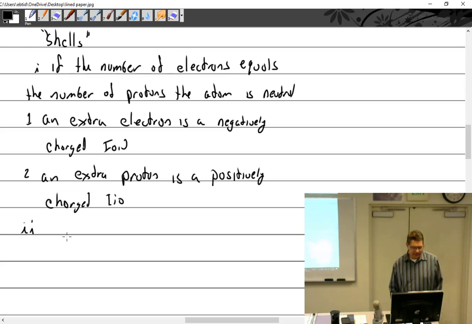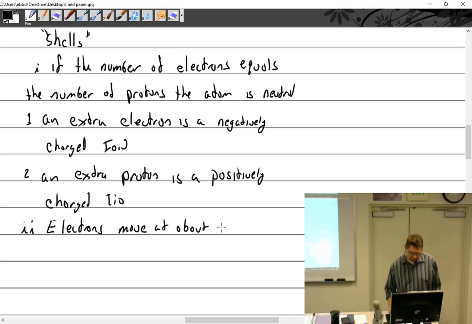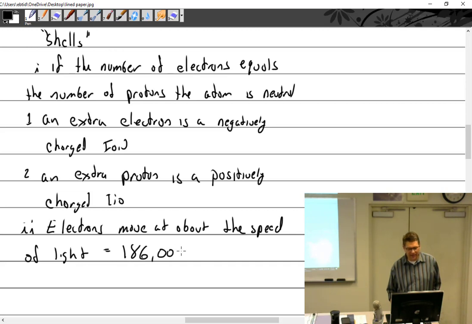All right. Electrons. They're fast little suckers. Electrons move at about the speed of light, which is equal to 186,000 miles per second, which is a lot.